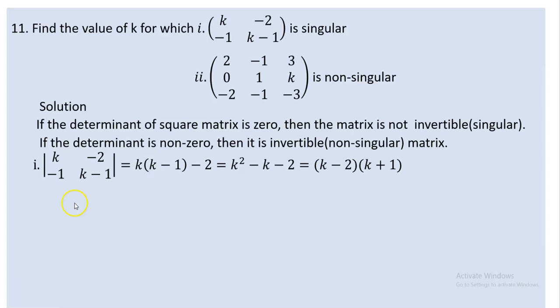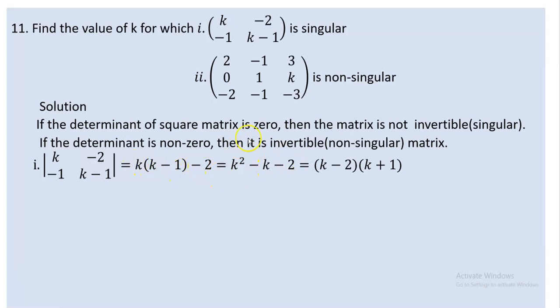As we stated before, the determinant of a 2 by 2 matrix is the product of the diagonal entries minus the product of the non-diagonal entries. So k times k minus 1 comes, and then minus the product of these two, which is negative 2 times minus 1, so 2. When you operate this, k times k comes to be k squared, and here we have k minus 1 minus 2.